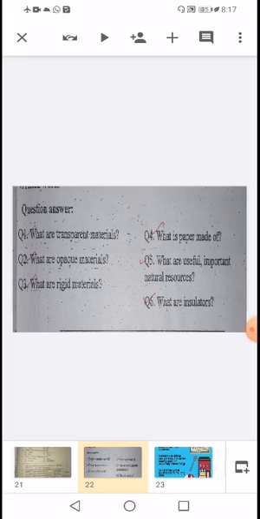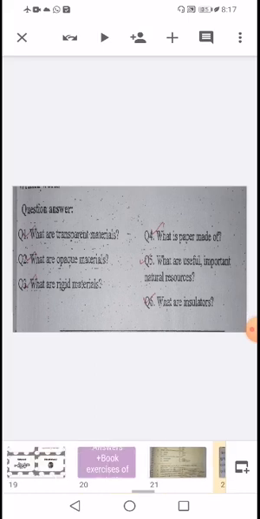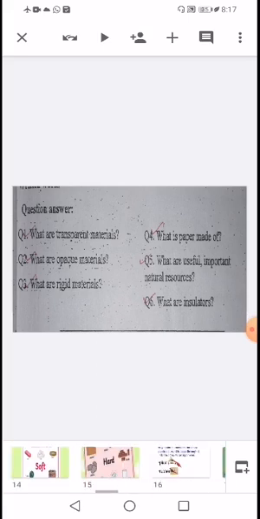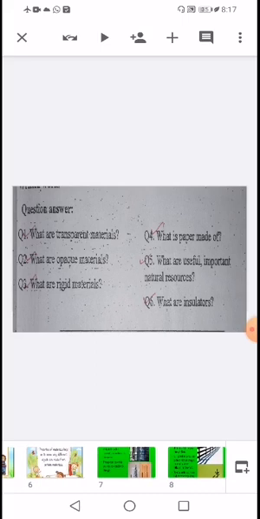That is called insulators. Clear? So the reason for the explanation of question answers is that you can easily learn these answers. I hope you have learned and easily understood this topic very well.